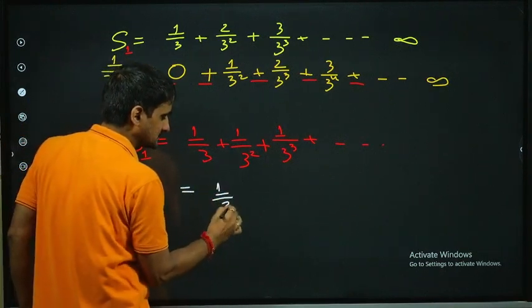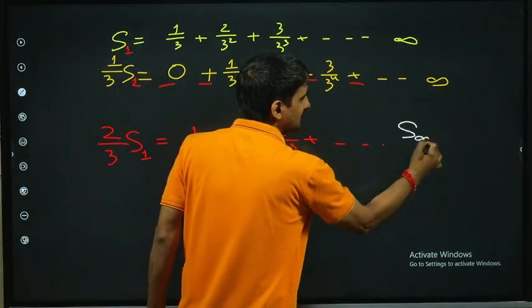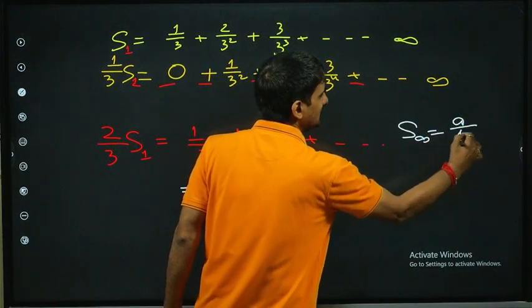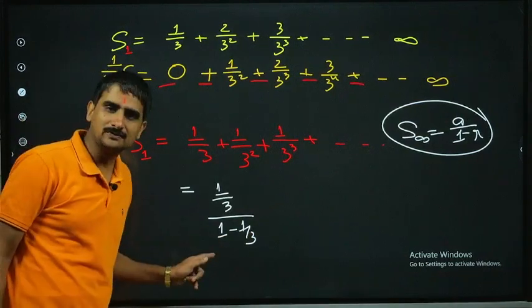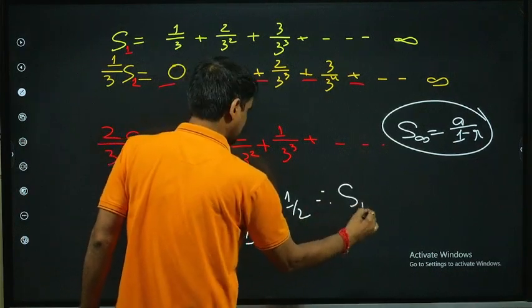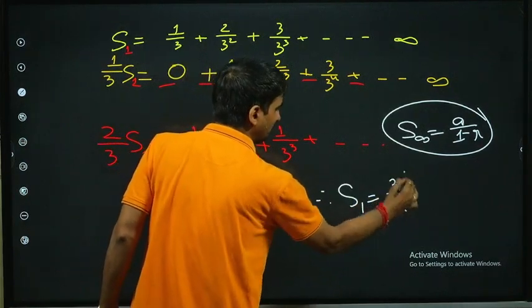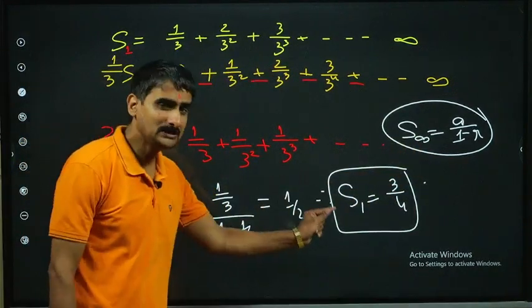So you will say first term upon 1 minus r. We know it, isn't it? The sum of an infinite-term GP is a upon 1 minus r. So this is 2 by 3 S1 equals 1 by 3 upon 2 by 3, which is ultimately half. Therefore S1 is 3 by 4.